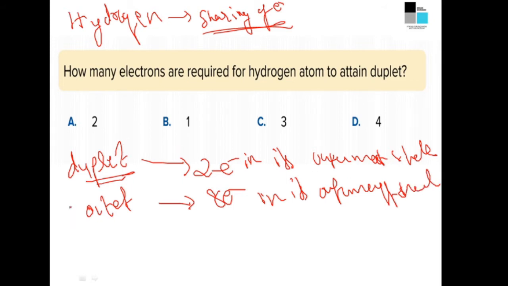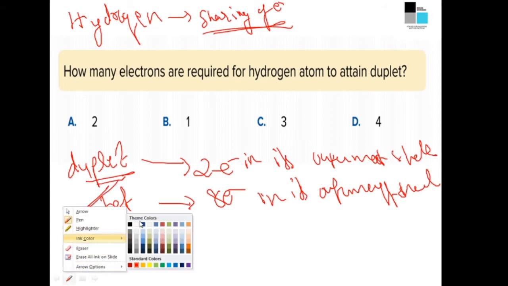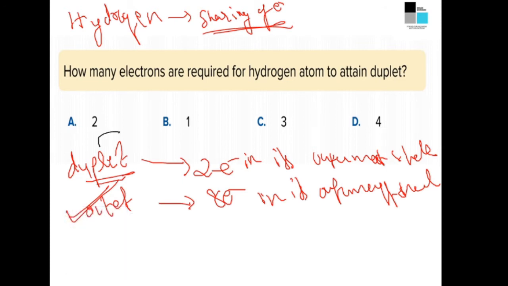Every element wants to become an octet, but hydrogen is the only element which needs 2 electrons in its outermost shell to become stable.